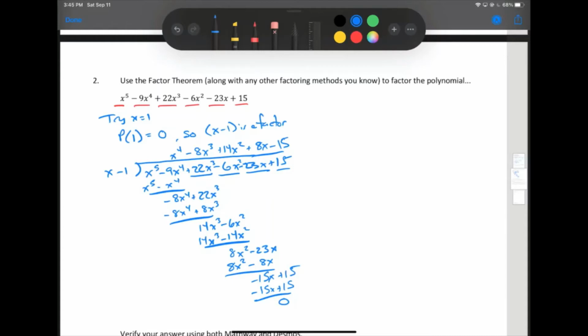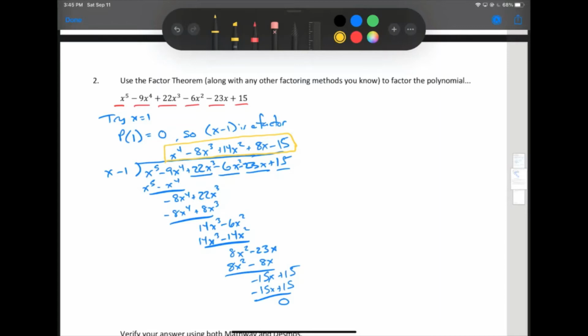Okay, so now we have this polynomial here. That times x minus 1 is our original polynomial. So now I have to see, can I factor the x to the fourth polynomial? So tedious, but I think we can do it.